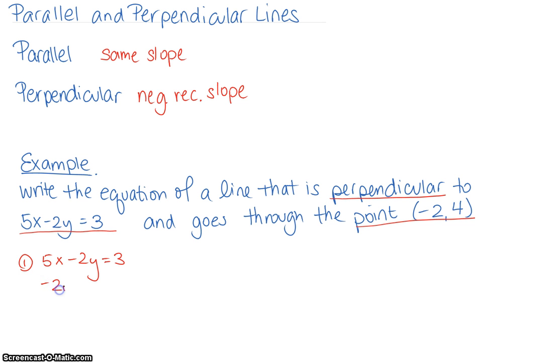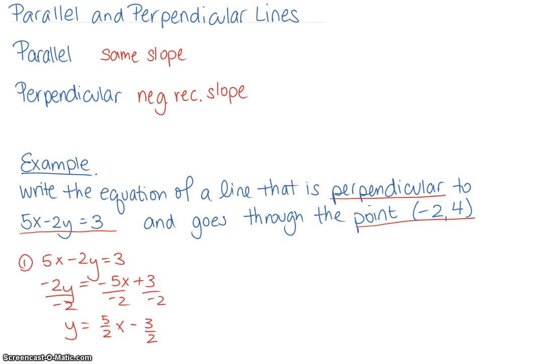If we isolate for y and put it in the slope-intercept form, we can subtract 5x from both sides and then divide by negative 2 to each term. Y is then going to become 5 over 2 x plus negative 3 over 2, so we can say subtract 3 over 2.